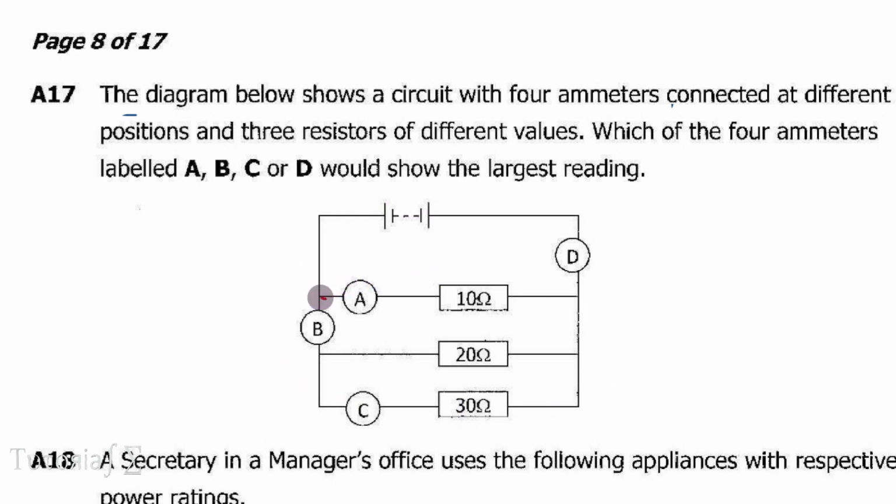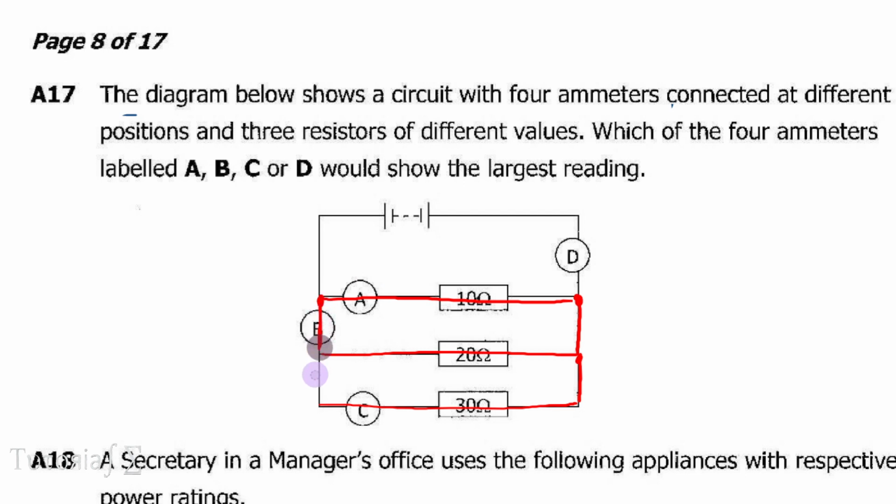So parallel simply means they have junctions. So like here, this resistor is in a junction with this resistor, which is in a junction with this resistor. So they are not in a straight line. Whenever there is a junction between the resistors, we say that those resistors are in parallel.